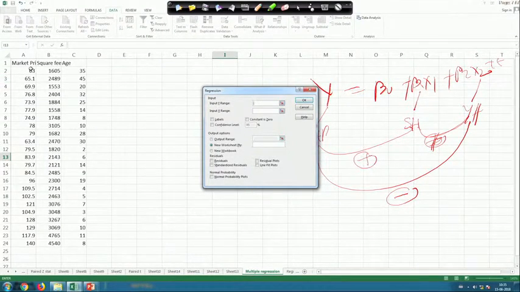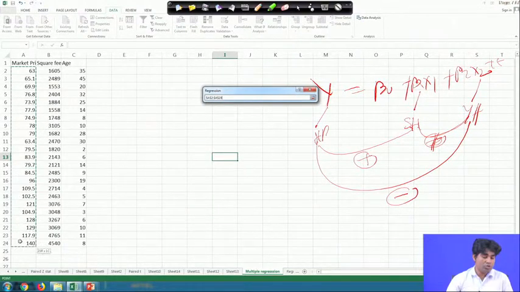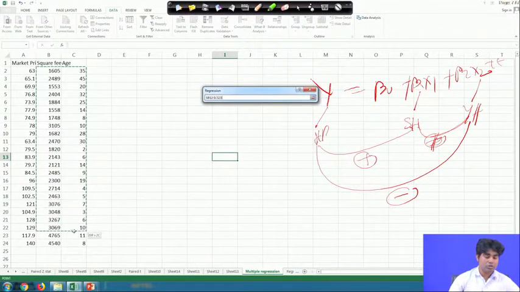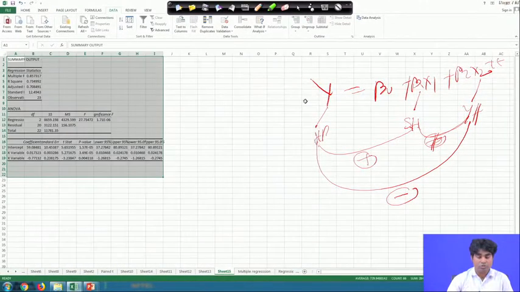Y is the housing price, which starts from row 2 to row 24, because the first one is the variable's name. Then come to the input X range. It should have the same range, otherwise the software will not process your output. Then you just press OK.